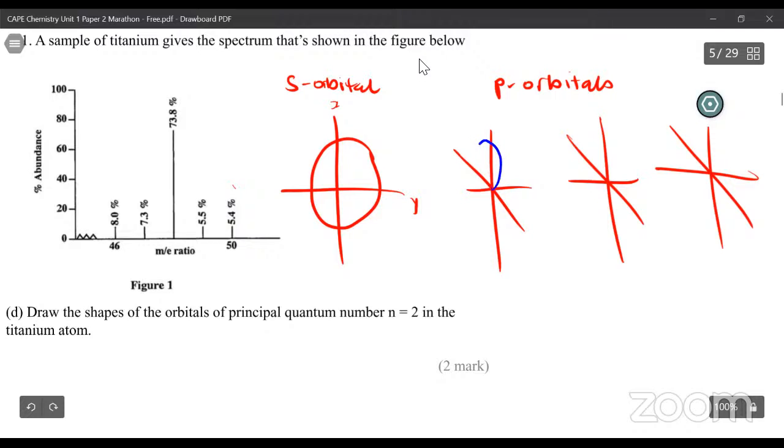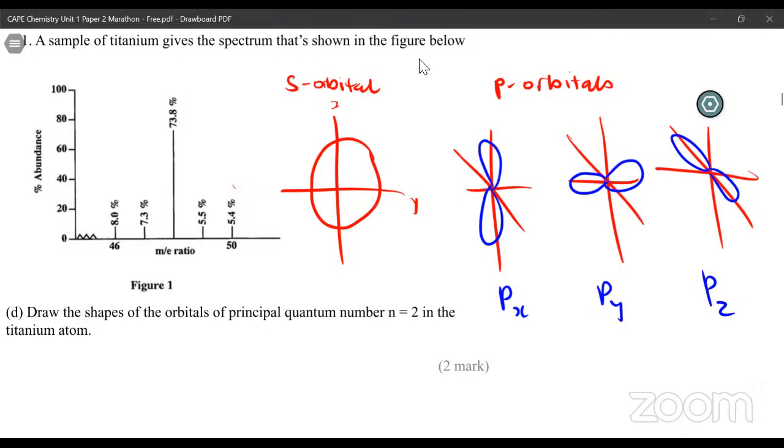This is one p orbital. This would be another. And this here would be another. And what we have is the px, the py, and the pz. And you'd be done there, and you'd have gotten your 2 marks, okay?